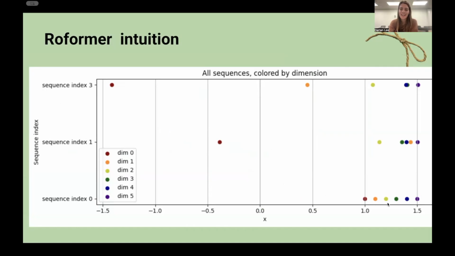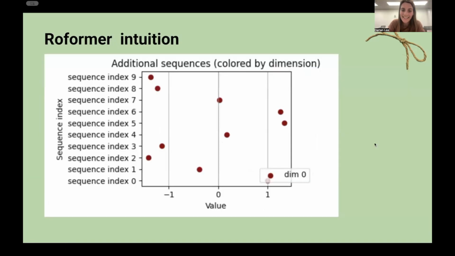If we plot the dimensions over sequence index, the 0th sequence index being no rotation, the first sequence index being the first level of rotation, and so on, we can see that each dimension is spreading out and rotating at different rates.